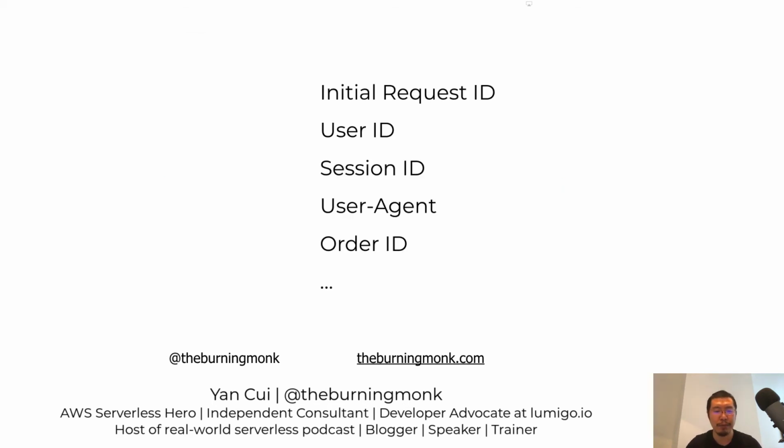We also want to allow you, the application developer, to record other useful IDs that you want to correlate your logs around, such as user ID, if you want to see everything a particular user has done over a period of time, or to narrow it down to a particular session or a particular order or whatever it is. We want to support different ways for you to correlate your logs together.